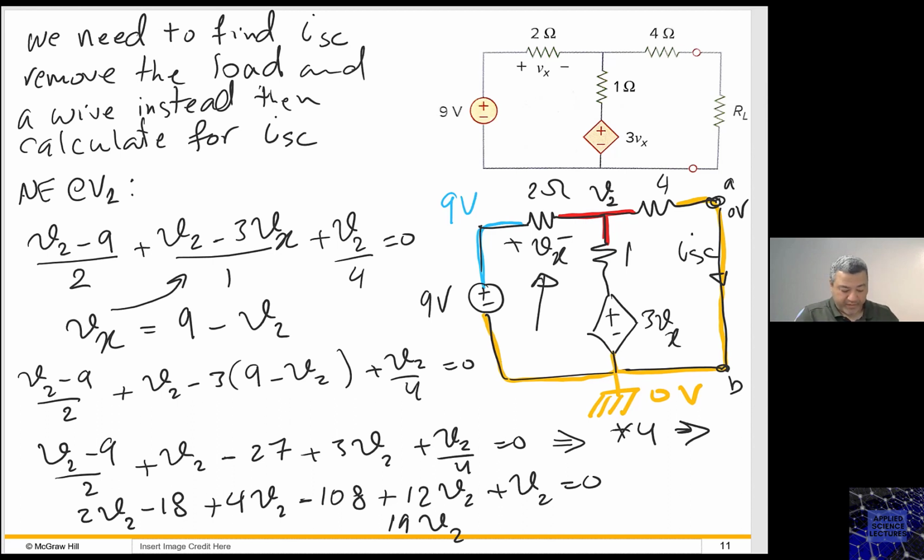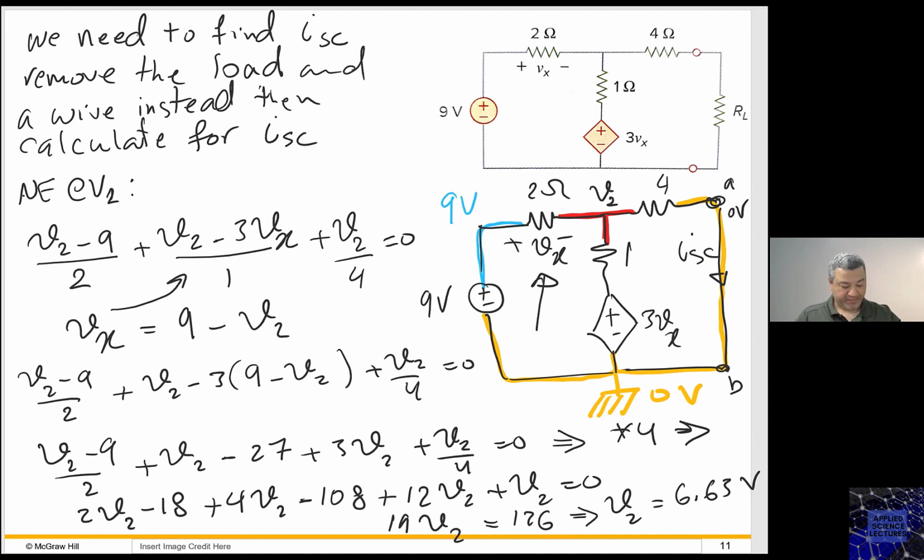We have 108 plus 18 equals 126. Then V2 is 126 divided by 19 equals 6.63 volts, right?